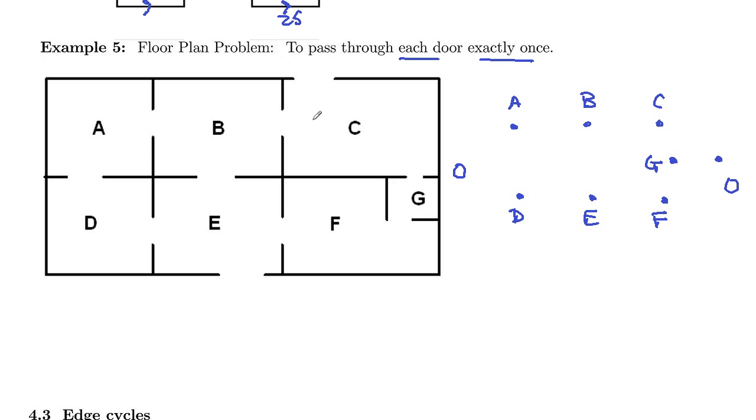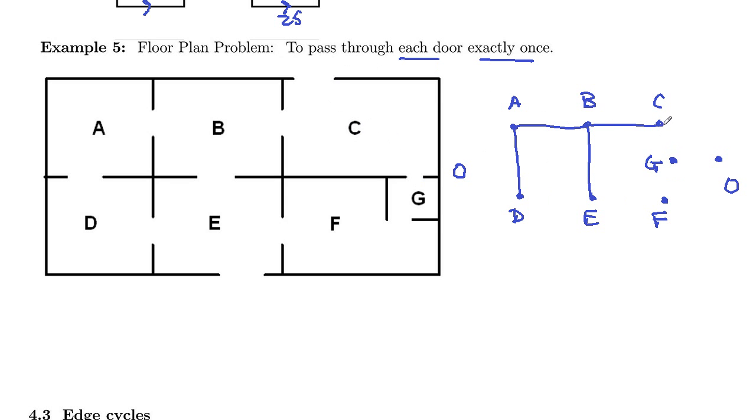And then each time rooms have a doorway directly adjoining them, we put an edge. So A is joined to B and D. So we got that edge there and that one there. B is joined to A, C, E. So we already got A, C, E. C is joined to B, G, and the outdoors.